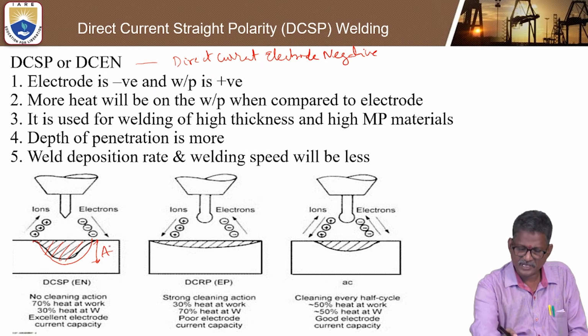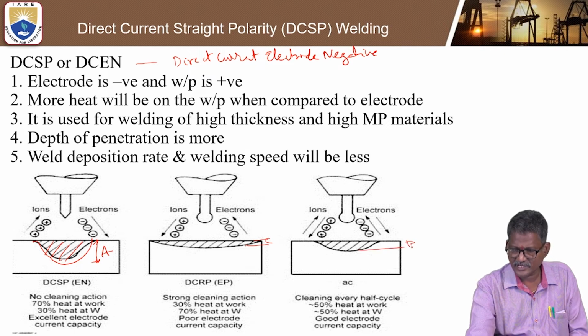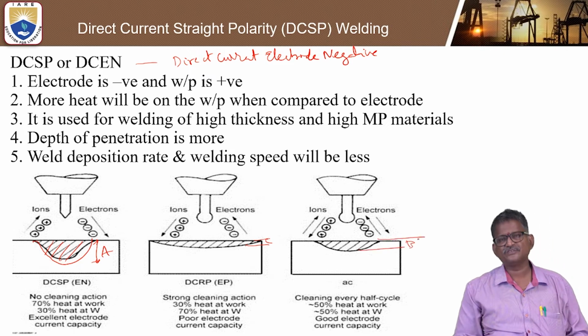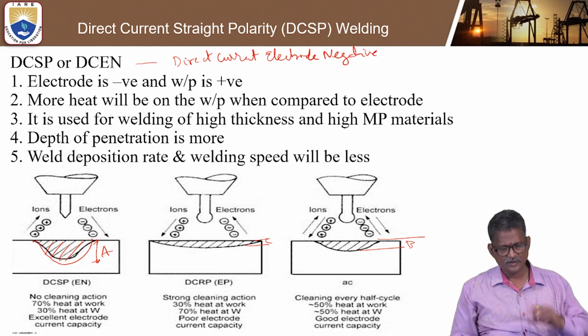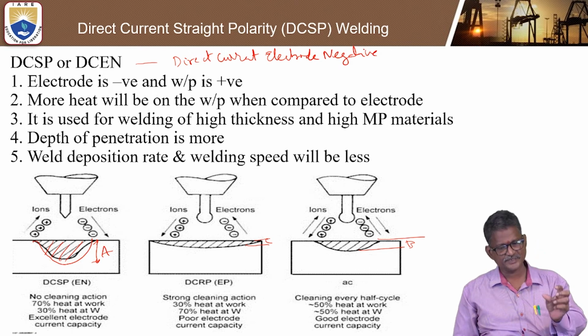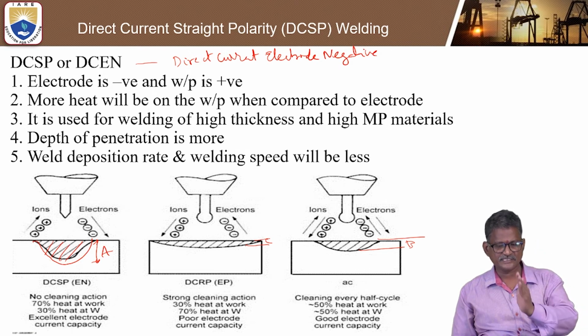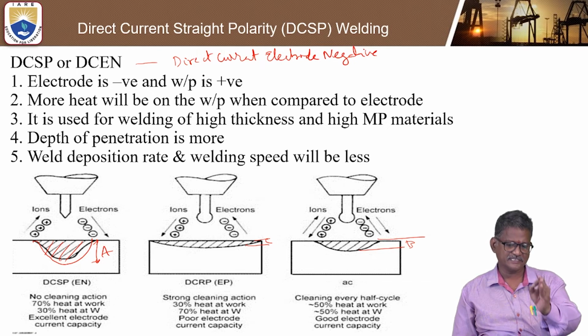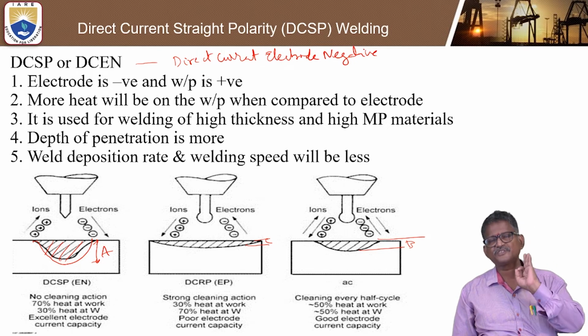DCSP means the penetration will be high, and look at this, penetration is very low, C, and this is some moderate, B. So when you think about penetration, more penetration for DCSP, moderate for AC, and less penetration for DCRP, reverse polarity.